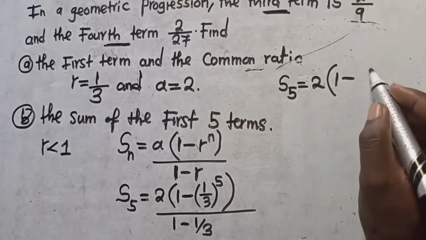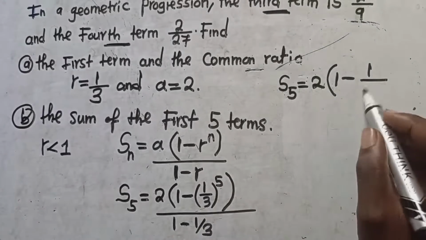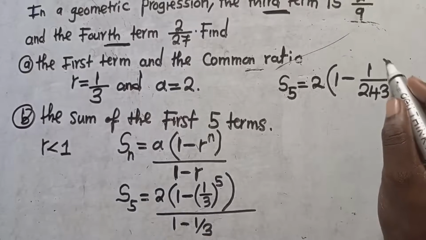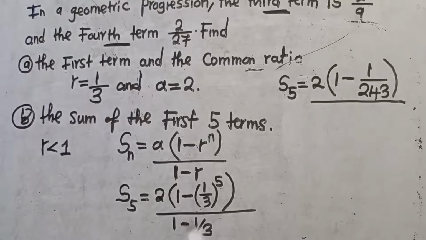Then 1 over 3 to the power 5. 3 to the power 5, what is the answer? The answer is 243. Everything here over what? What is the answer down there?